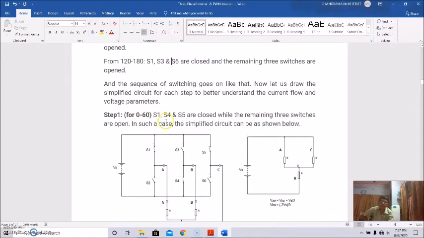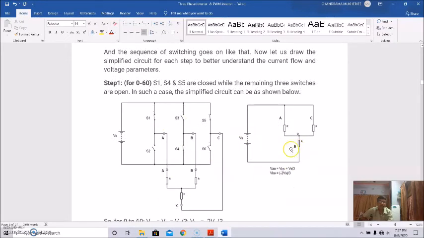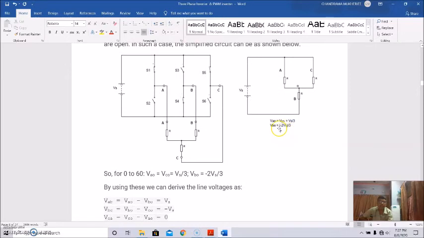For step 1, S1, S4, and S5 are closed while the remaining 3 switches are open. In such a case, the simplified circuit can be like this. So in that case, VAO equals VCO equals Vs by 3, and VBO equals minus 2 Vs by 3.